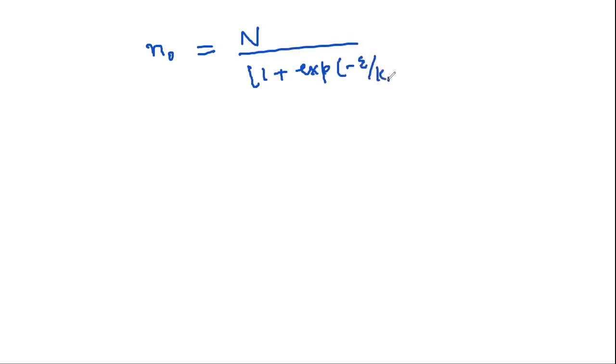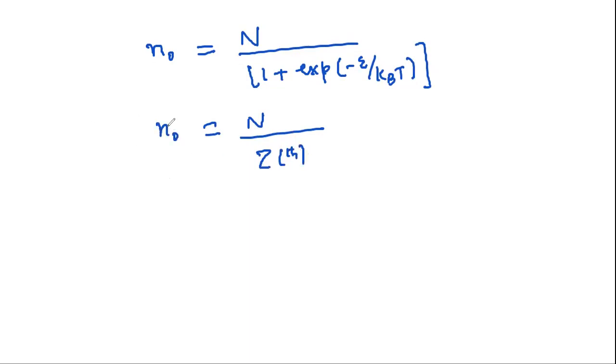We found that N naught, that is the distribution number pertaining to the ground state, is equal to N over 1 plus exponential of minus epsilon over kT, which we can write as N over Z thermal.